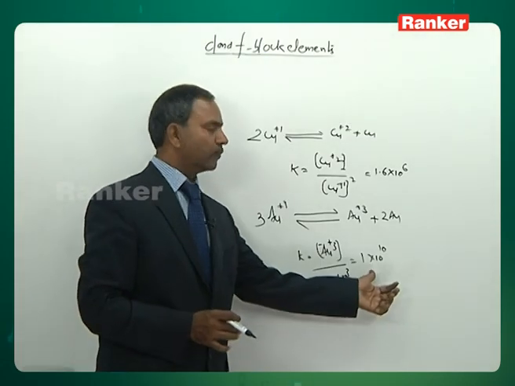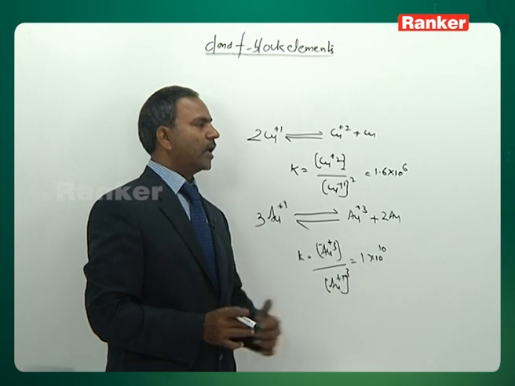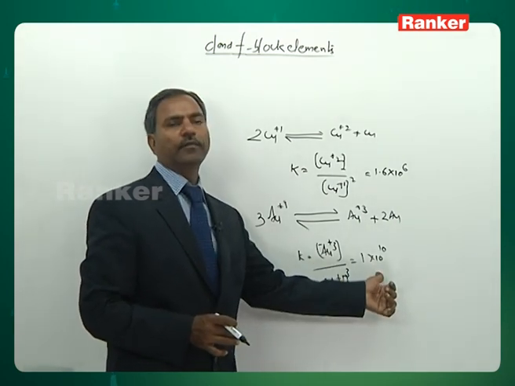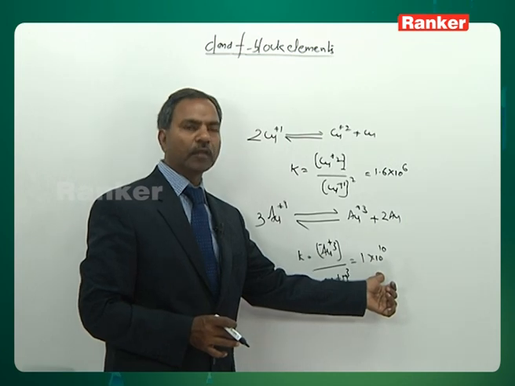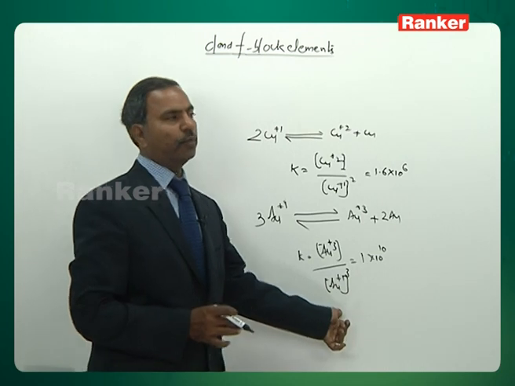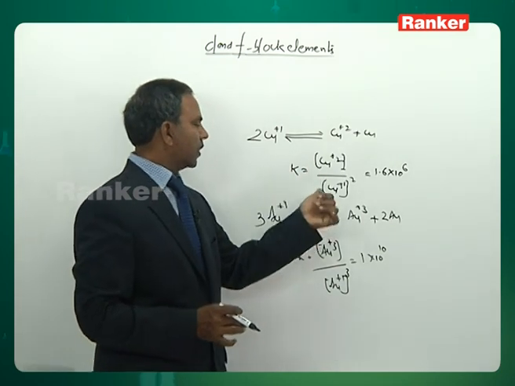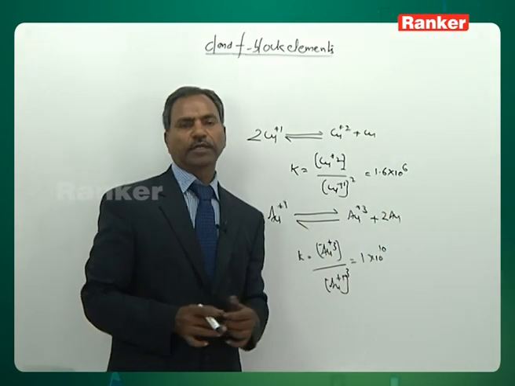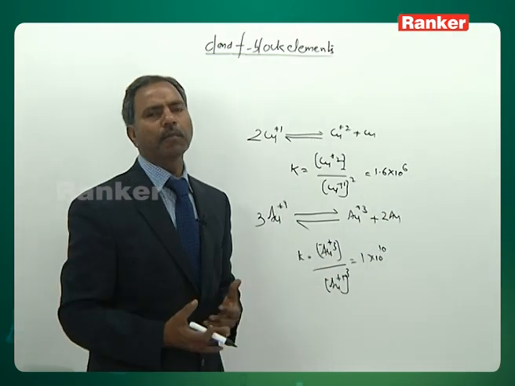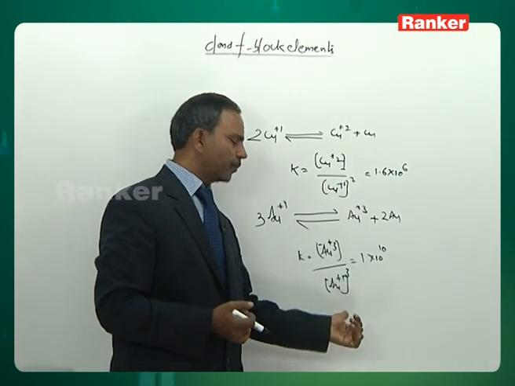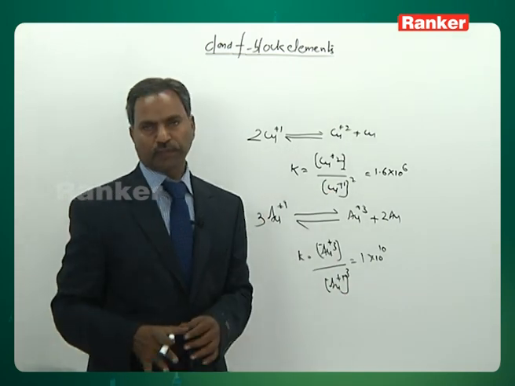Imagine, it's a very big value; it means in aqueous solution, Au plus 3 concentration is millions and billions of times that of Au plus 1. Therefore, copper plus 2 and Au plus 3 concentrations are both many times greater than copper plus 1 and Au plus 1 concentrations in aqueous solution.